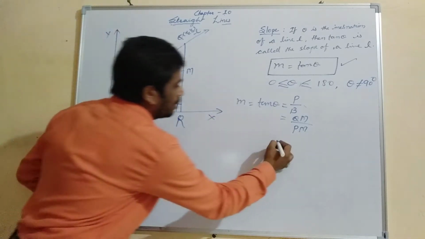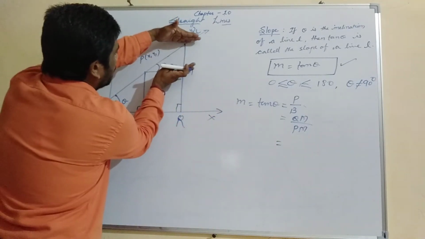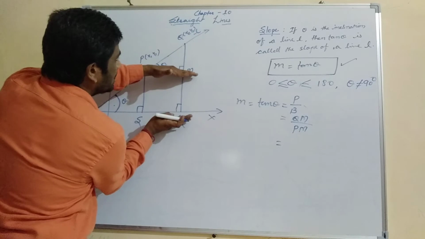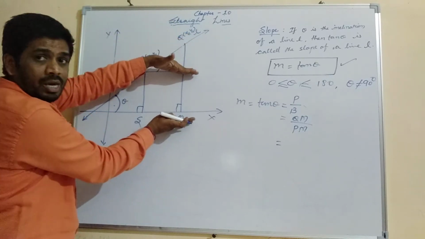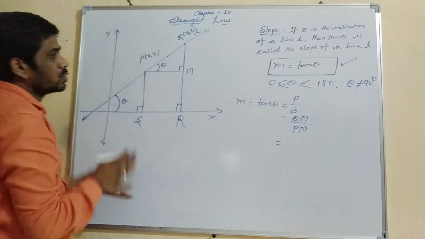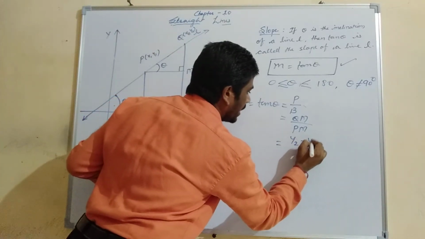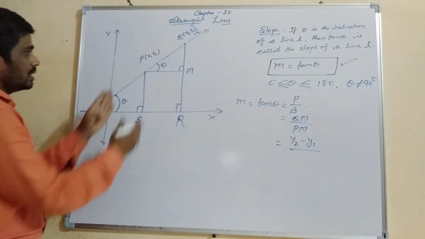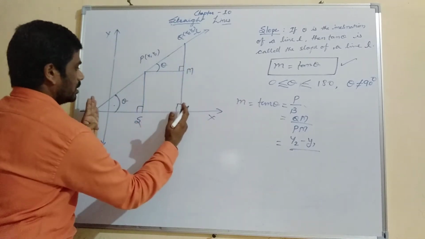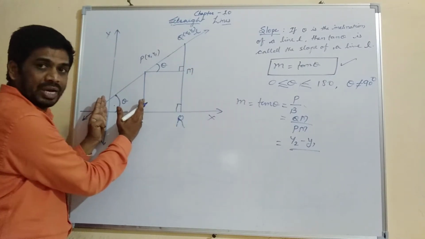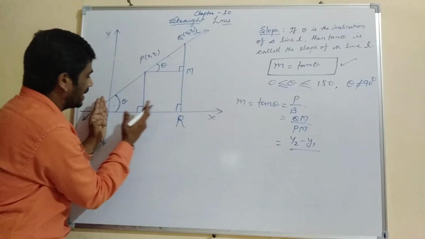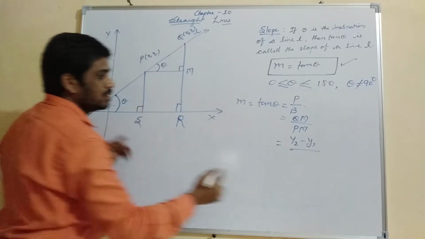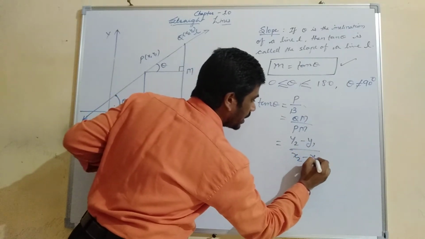Now QM value will be this minus this, which means this much will be Y2 and this much will be Y1, so Y2 minus Y1 we can write. PM will be this minus this, which means this much will be X2 and this much will be X1, so X2 minus X1.